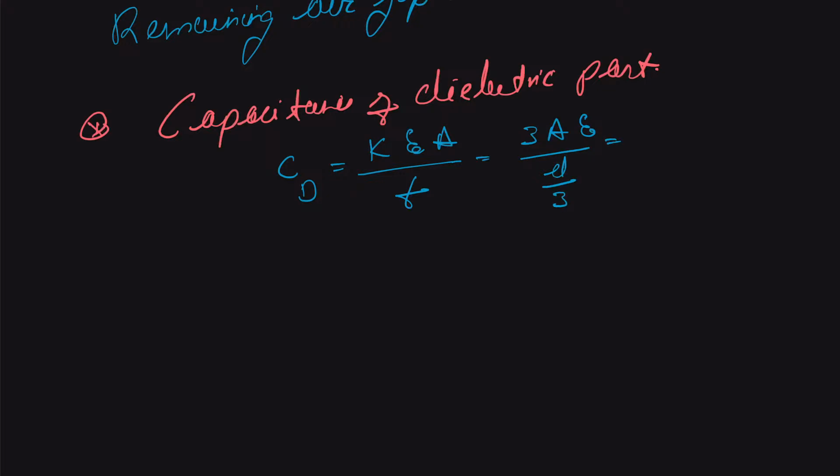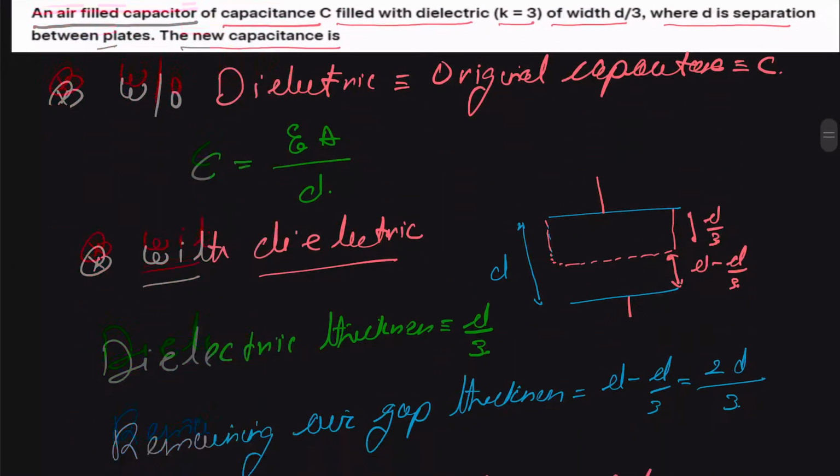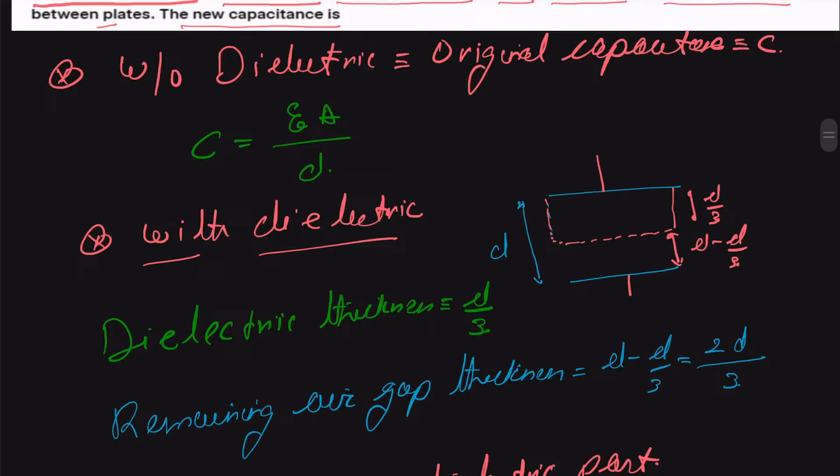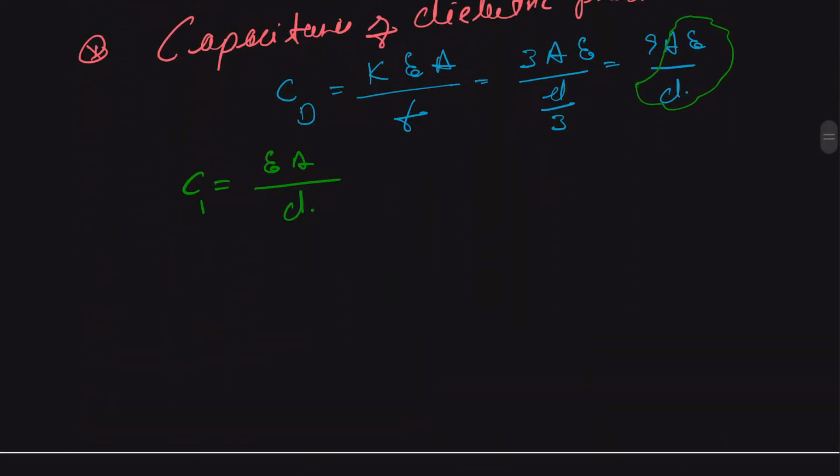So this comes as 9 A epsilon upon d, and we know that C is equal to epsilon A upon d. So we can simply replace it here. Therefore, C dielectric will be equal to 9 times C.